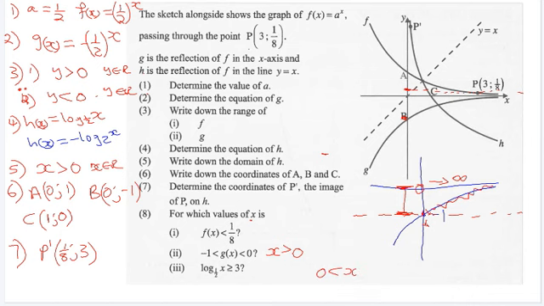Those are the values of x for which g of x is between -1 and 0. This is our -1, this is 0, and this is the g of x that we are interested in. And the corresponding values of x for this part of the g of x is from 0 to infinity. So we are saying our x is greater than 0.